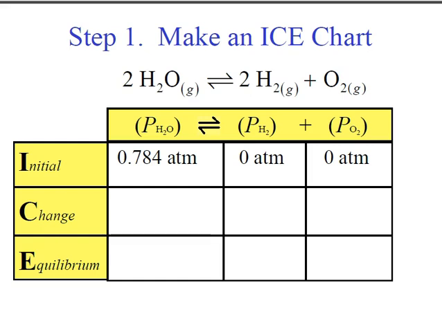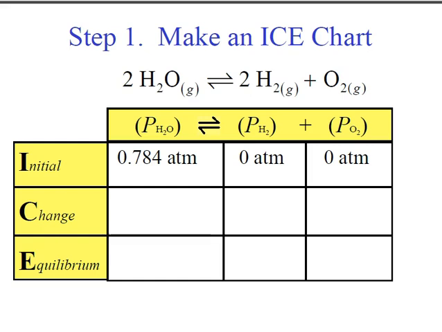At the top of this chart, you always put your reaction. So we have the reaction, then the initial values, the change in those values, and the equilibrium. One thing to keep in mind is that you could also call this a RICE table, where the R in RICE would stand for reaction. So that would remind you to put your reaction at the top.